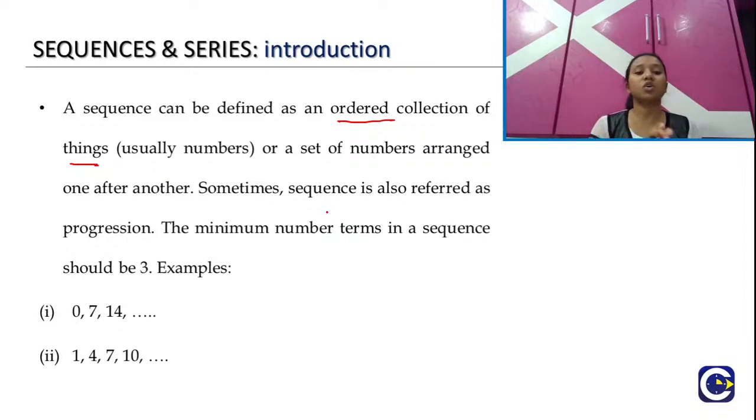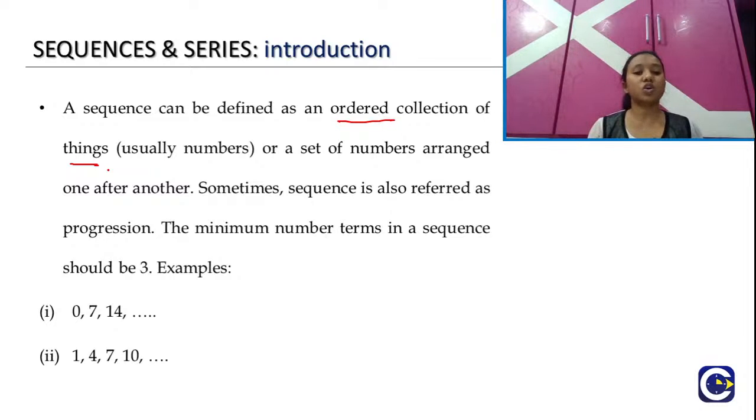So the basic definition of a sequence is simply an ordered collection of numbers. The numbers will be ordered in a particular manner, one after another. Sometimes a sequence can also be referred to as a progression, which means a progression is nothing but a sequence.